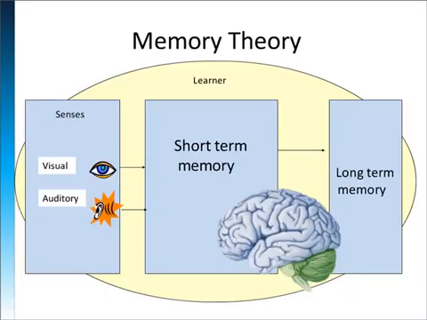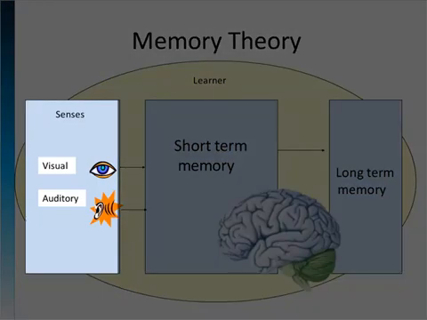First, our senses receive information from the environment, in this case, the media, and that information is converted into electrical signals to be processed by the brain and nervous system.